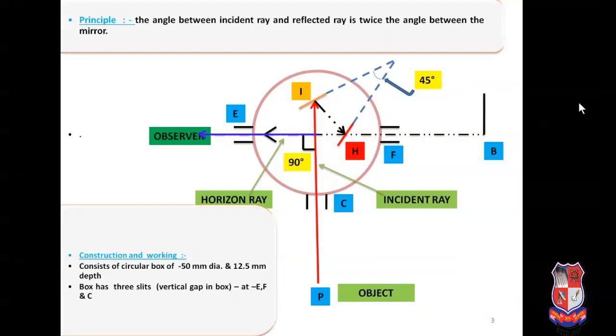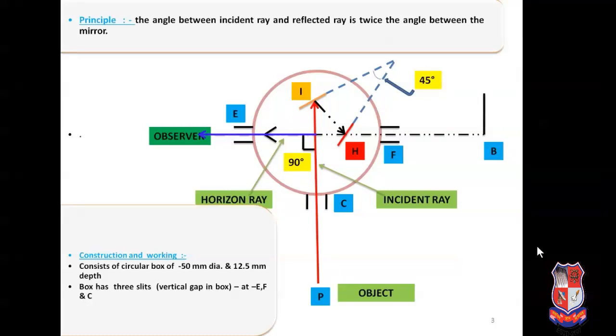Again I am repeating, the angle between the incident ray, this is my incident ray, and the reflected ray, which is also known as the horizontal ray or horizon ray, this angle is exactly 90 degree. So that is the principle of optical square.